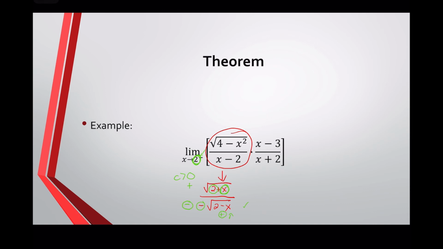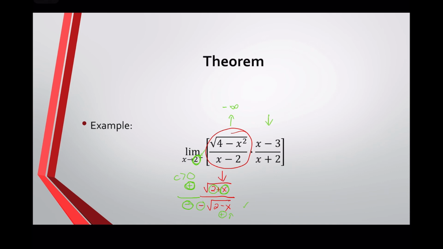And so, positive divided by negative would give us a negative answer. So definitely the limit of this part right here as x approaches 2 from the left would be a negative infinity.